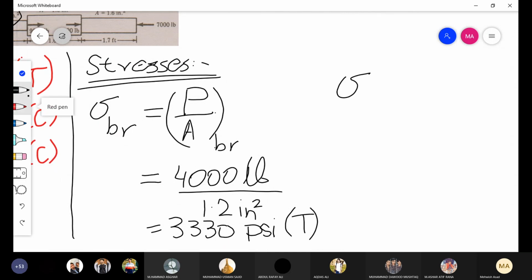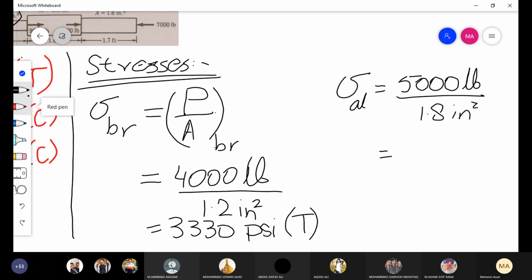So sigma AL, that is aluminum stress, is 5,000 pounds divided by 1.8, that is the cross-sectional area of the aluminum. This is 2,780 psi.